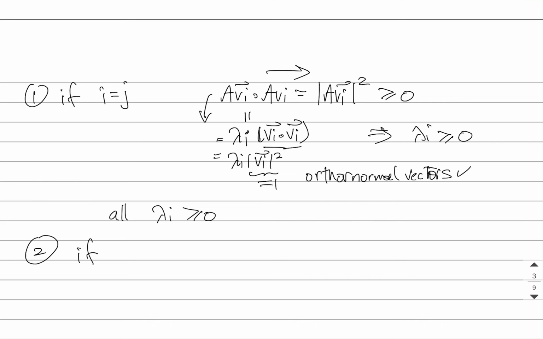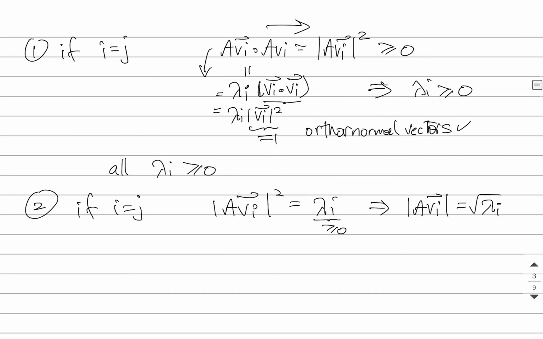Okay, so once again, if i is equal to j, then what we've got is that the length of this vector squared is equal to lambda i. Now we know that this is greater than or equal to 0 from above. And that means that if we just wanted the length of this vector, it's going to be the square root of this lambda i. Now we're going to make a definition.